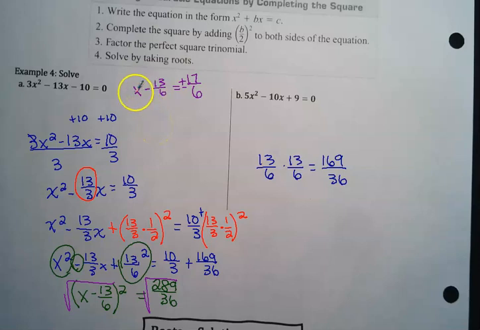All right, well then I want x by itself, so I'm going to add 13/6. So x is equal to 13/6 plus or minus 17/6.